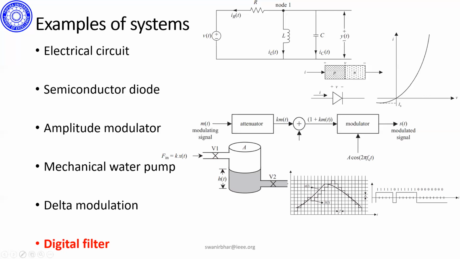As the name suggests, digital signal processing means you have to digitally process a signal, and for that you need a digital filter. Just like in analog we need an analog filter, in digital we need a digital filter. A digital filter is where you have one type of waveform in the input, you filter that, and you give another waveform in the output.